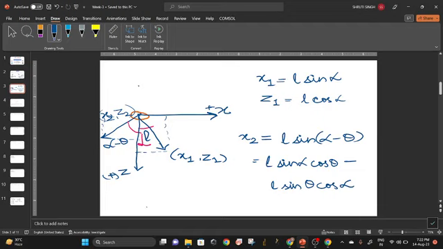Actually, when we write the rotation matrix about the z-axis, then whatever we are writing, we can simply use that matrix to write any rotation about the y-axis.